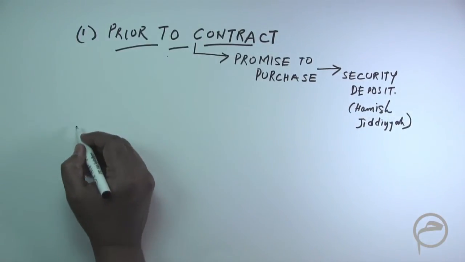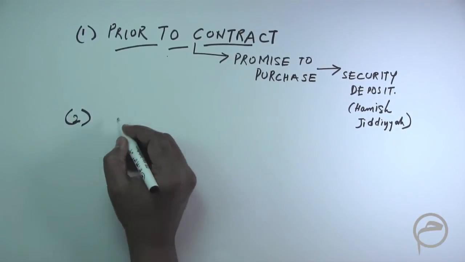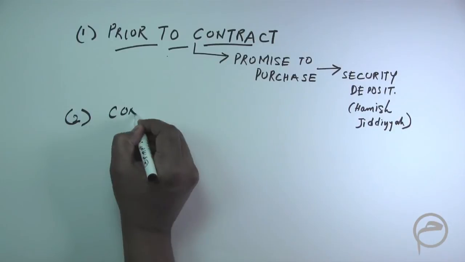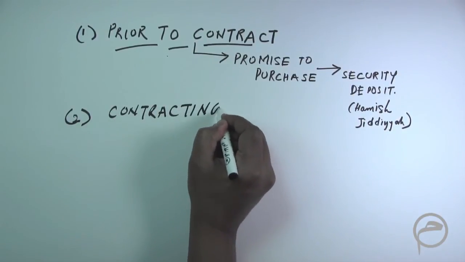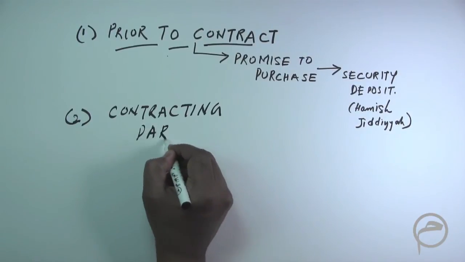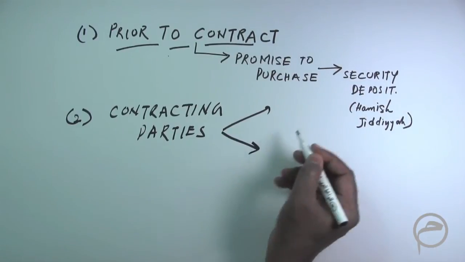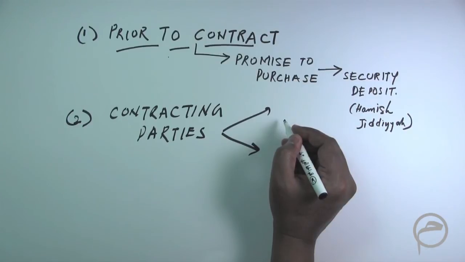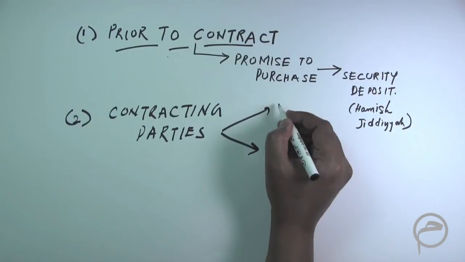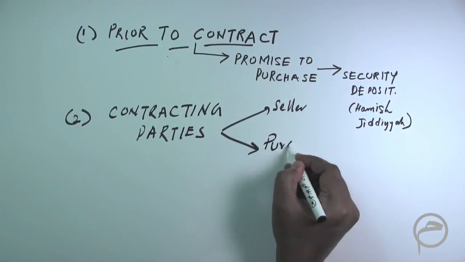The second part which we have to understand is with reference to the contracting parties. The two main contracting parties in the sale transactions which we are discussing are generally the seller and the purchaser.